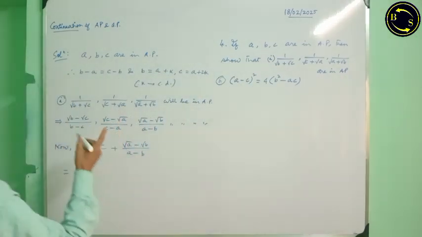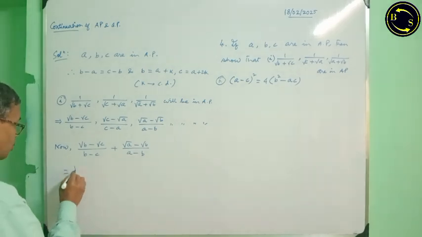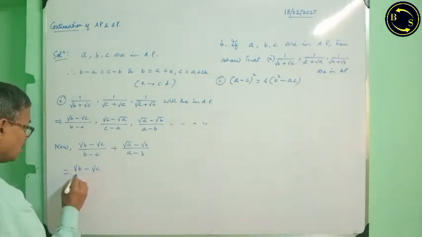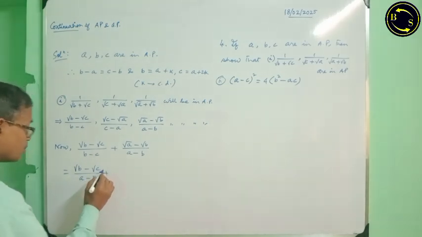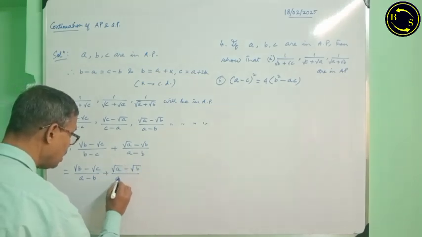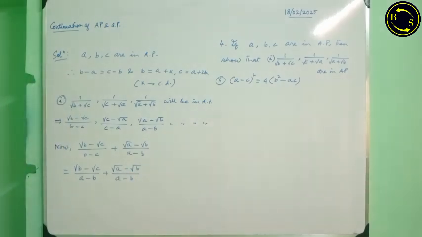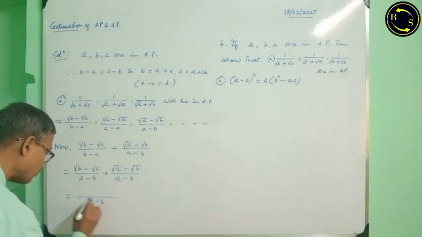Therefore, we can also apply this: B minus C will be equal to A minus B. So root B minus root C by A minus B plus root A minus root B by A minus B. B minus C, from here, if I multiply both sides by minus 1, then I shall get B minus C equal to A minus B. So the denominators are now equal, therefore LCM will be A minus B.